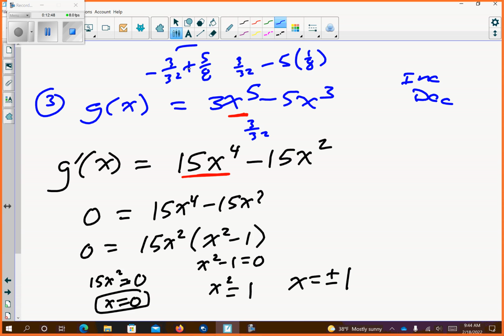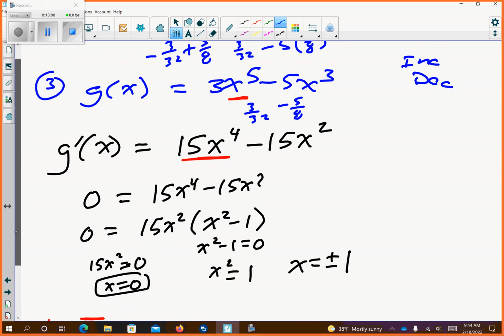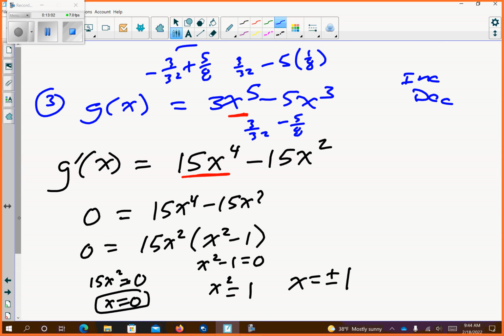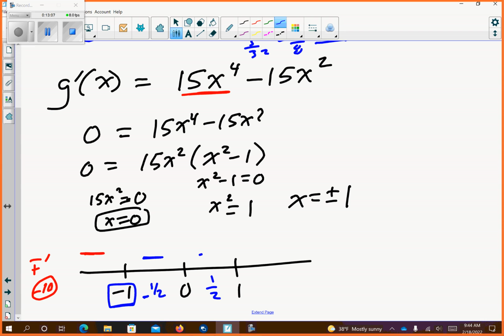If I plug 1/2 in, I'm going to get 3/32 minus 5/8. And that was positive I'm plugging in. So this would give me result in the negative as well. So what can you tell me about 0? Point of inflection as well.